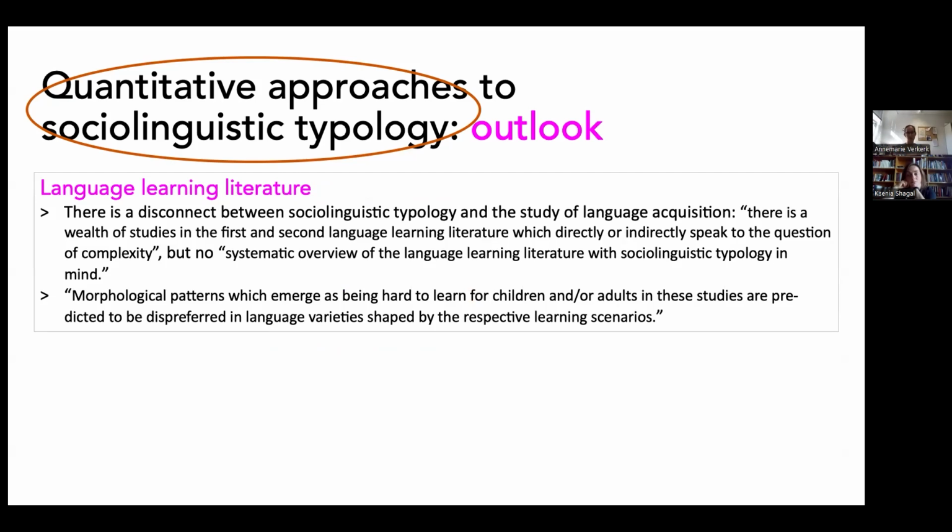So this also goes into how people are learning the language. Aside from population size and interconnectedness and amount of isolation, the way in which people are learning a second or a third language must also matter when we look at the effect that it has on the typology of the languages in question.